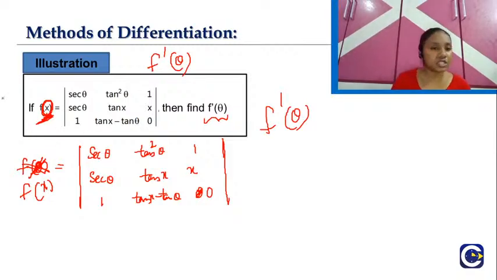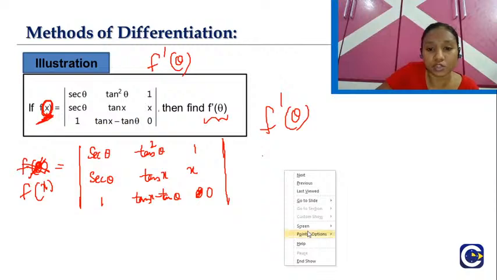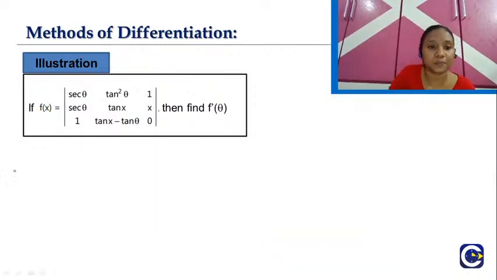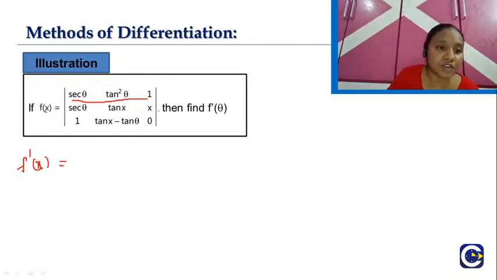So I guess have you guys solved it? I'll just show you the first step so that you won't be confused with these theta and x terms. To find f dash x, I'll go row-wise, taking with respect to the row. First I have to differentiate the first row. My differentiation starts with secant theta. Here my variable is x, so theta will be a constant.